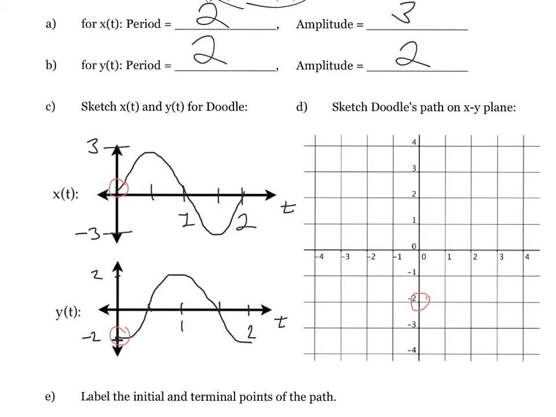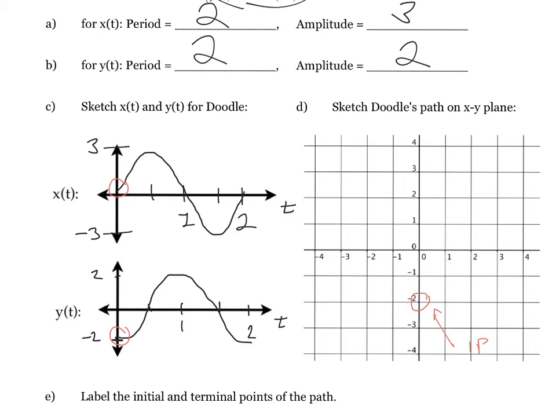So we've taken the x and y positions from the two graphs on the left, and we've translated it into a single point on the xy plane. You'll notice the xy plane has no t-axis, so we can't see what time anything is yet. But we happen to know that at this initial time, and I'll even put an arrow there with the note IP for initial point. That's where this curve starts.